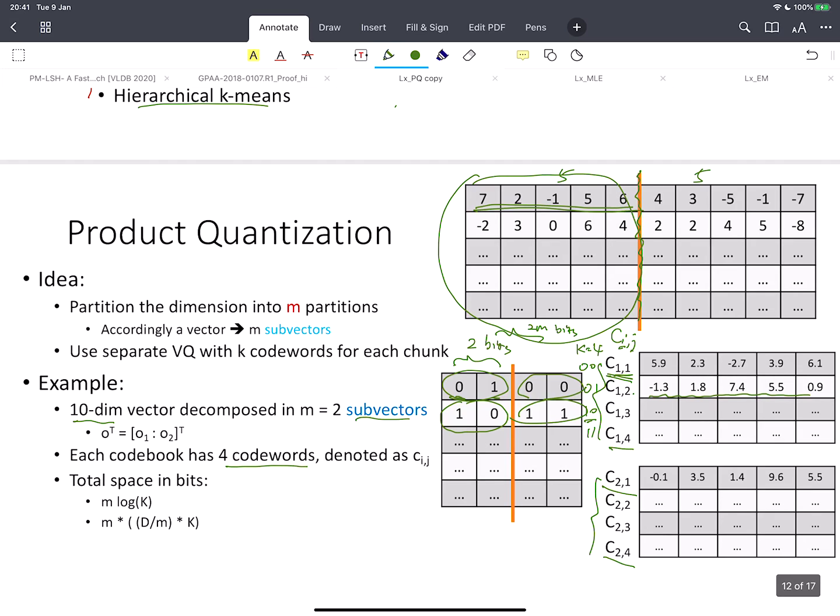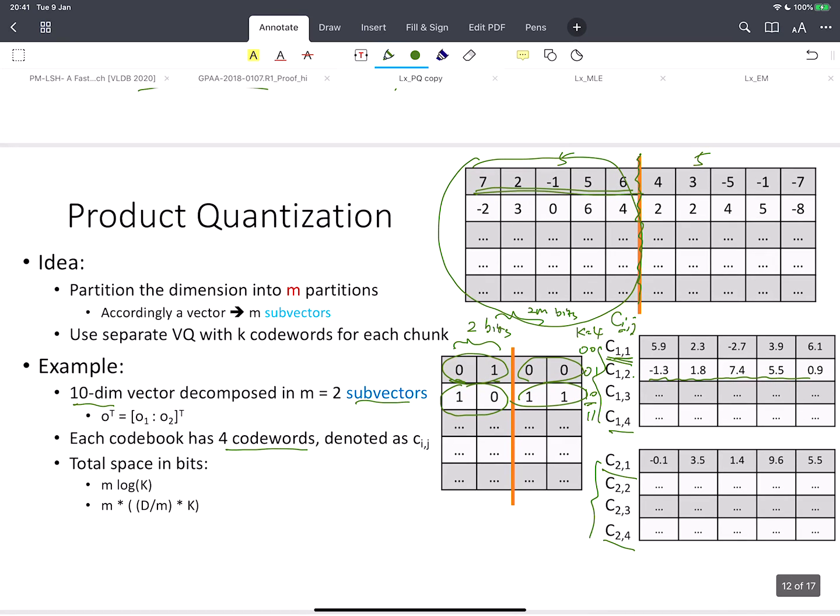Let's be concrete with this example. Originally, each and every vector uses 10 dimensions times 4 bytes. Now you essentially only need 2 plus 2 bits.